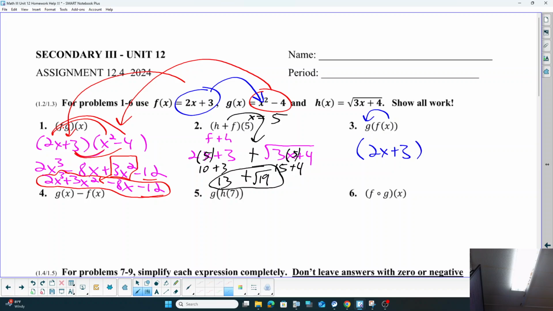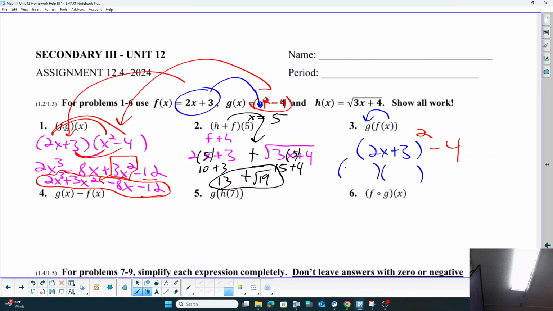So 2x plus 3, all squared now, and then minus 4. We have to plug f right in there in place of the x. Don't times it with the x, in place of the x. And then you're going to multiply that out.